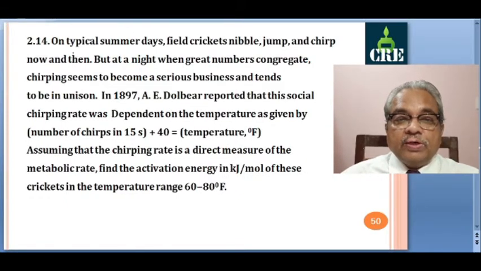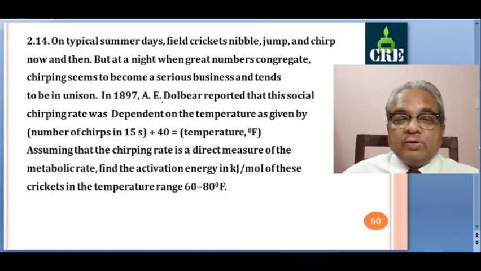Next, 2.14. On typical summer days, field crickets nibble, jump and chirp now and then, but at night, when the great numbers congregate, chirping seems to become a serious business and tends to be in unison.